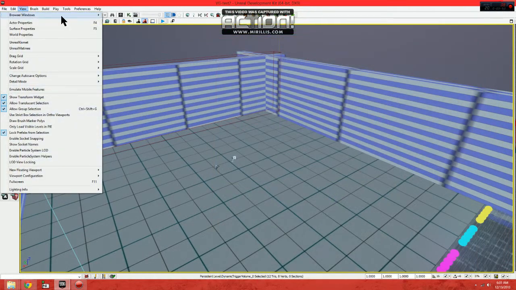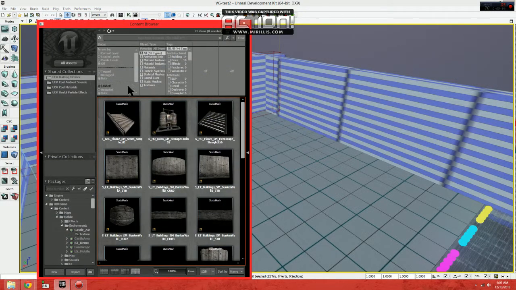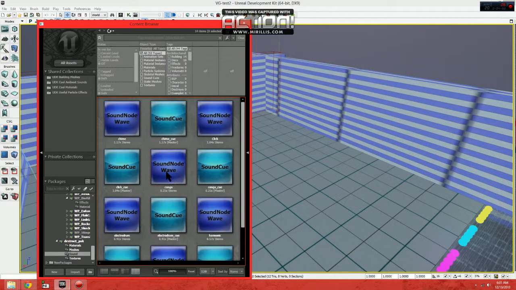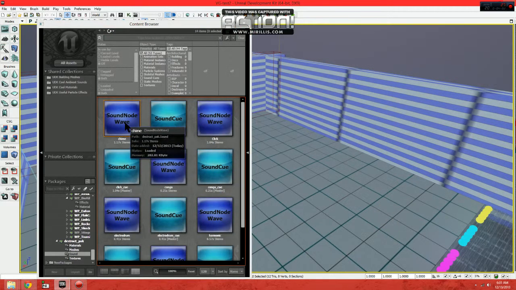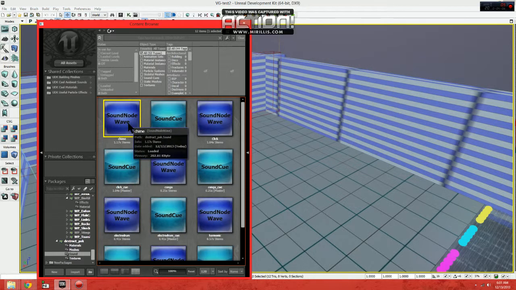the sound cues. They're really simple, but something that I didn't quite get at first. So you got sound node wave. That's your sound file that you just pull in from Windows or whatever.